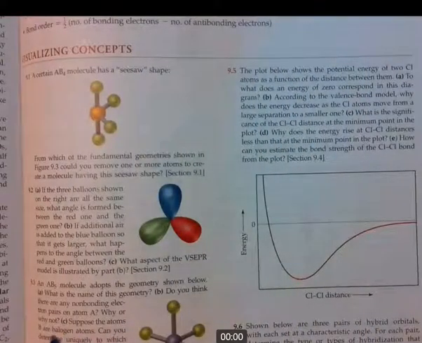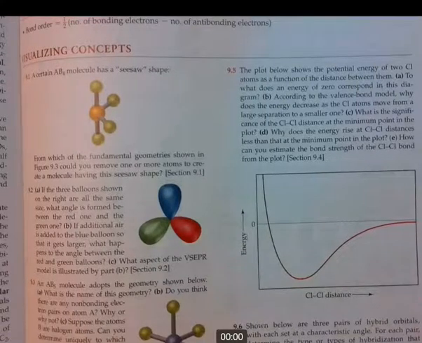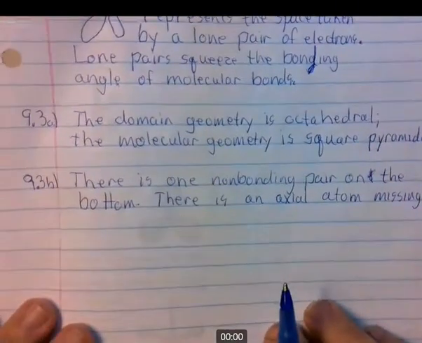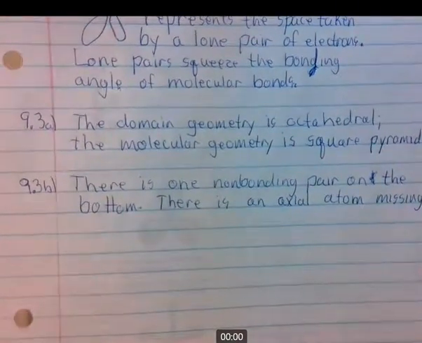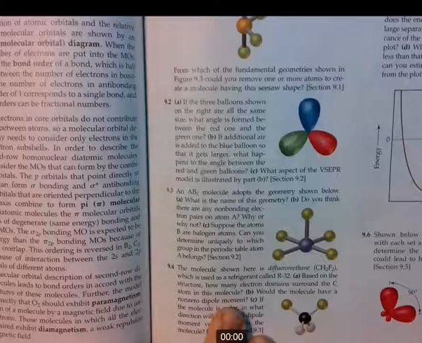C, suppose the atoms B are halogen atoms. Can you determine uniquely to which group in the periodic table atom A belongs? If they are axial, can you determine uniquely to which group the periodic table A belongs?